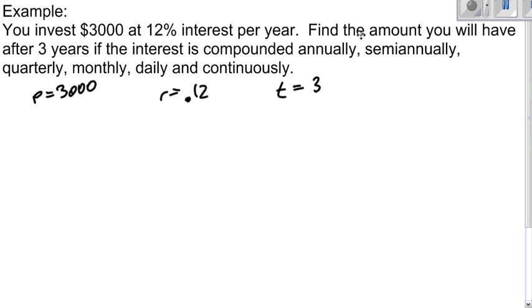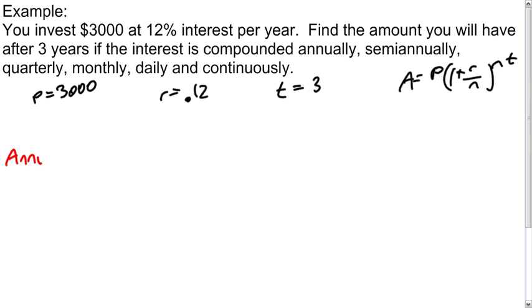So now we just need to look at our formula, which was A equals P times 1 plus R over N to the NT. And we can replace that with E for continuously. So for annually, that's once per year. So remember, N is the number of times per year.